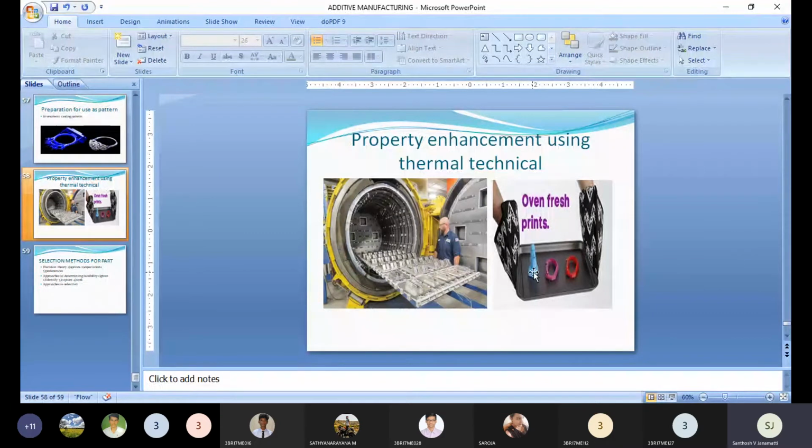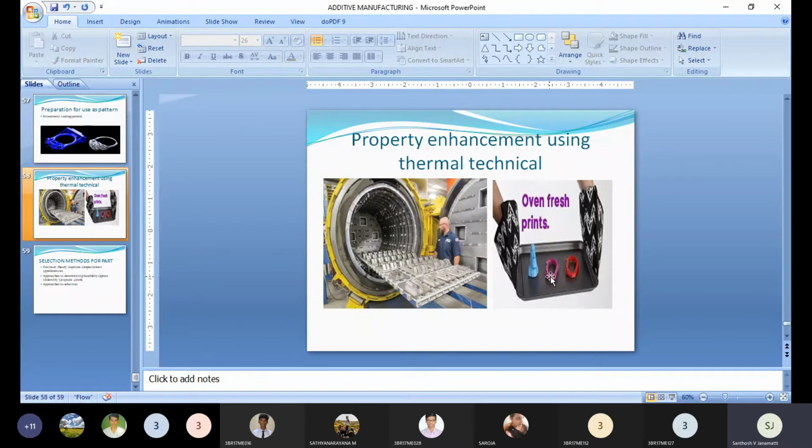Either we can go for the FDM process or the SLS process, because these two processes produce polymer components only. Most commonly we use the SLS process and FDM process for polymer production. Here we have some polymer domestic applications. Now these are the 3D products.